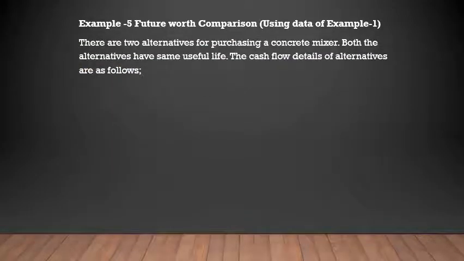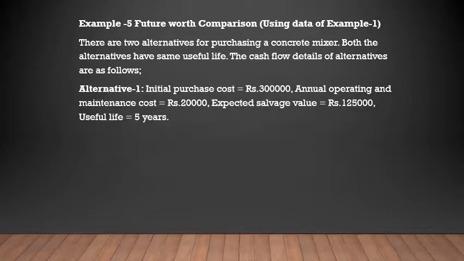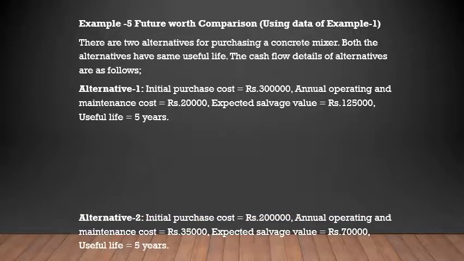Let us consider the first example, whatever we have discussed during present worth comparison of alternatives, that is the purchase of a concrete mixer. Okay, and let us see the data given. The initial purchase cost of 3 lakhs, annual operating and maintenance cost of 20,000, salvage value of 1,25,000, the useful life of 5 years.